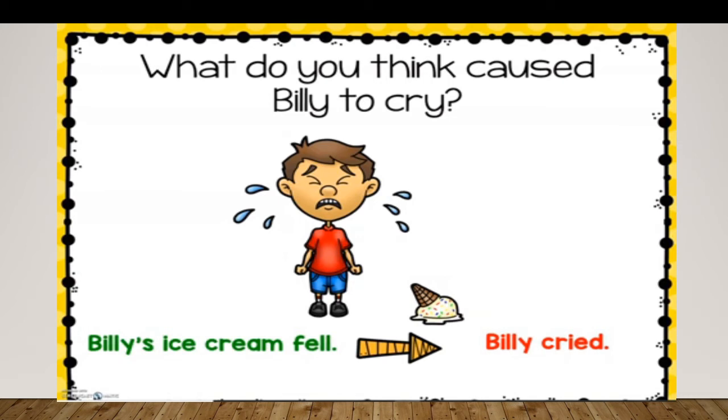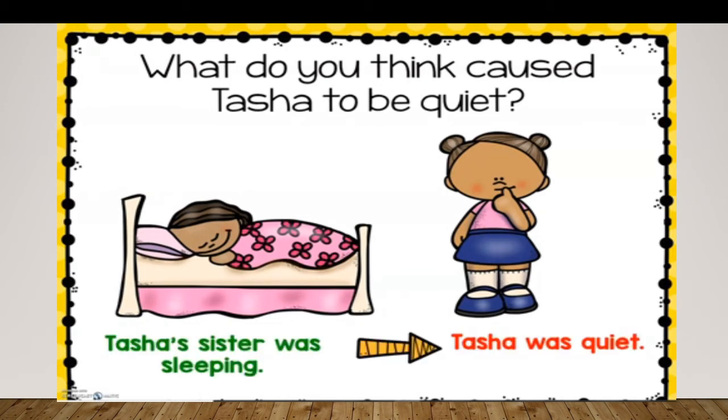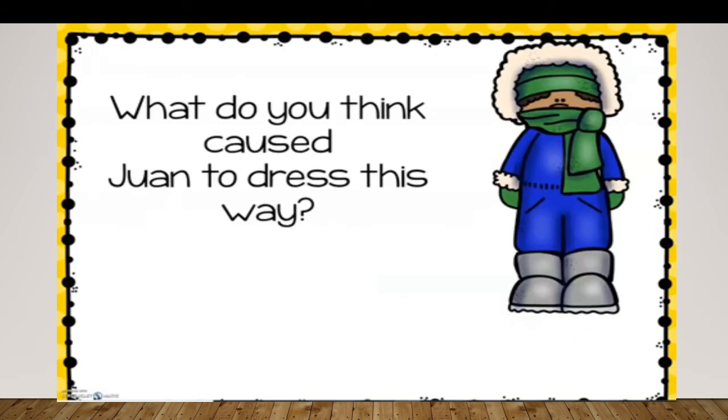Because his ice cream fell. That's a cause. Billy cried. It's an effect. What do you think caused Tasha to be quiet? Because her sister was sleeping, so Tasha was quiet. Effect comes second after the first cause.